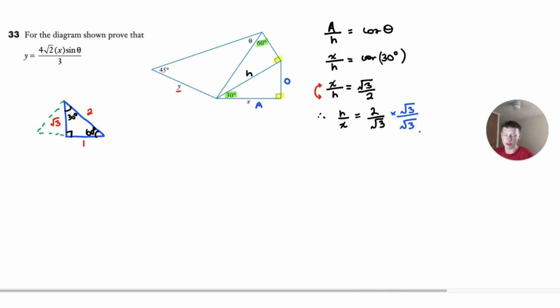Remembering this is just 1, so this doesn't actually change the fraction at all. When we do that, we get h over x equals 2√3 on the top, and then √3 times √3 is actually just going to give you 3. And then the last thing we can do is say that, okay, well, h then, we multiply x by both sides, it has to be 2√3 times x over 3. Awesome.